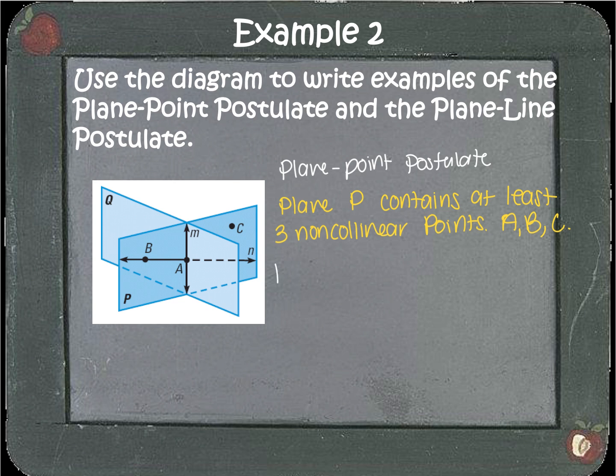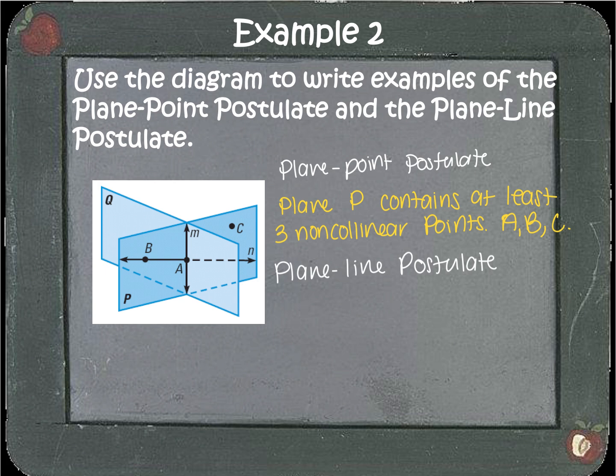Now doing the next one, I have the plane line postulate. Can someone go ahead and read me the definition of the plane line postulate? Logan? If two points are on a plane, then the line that contains those 2 points is also on the plane.